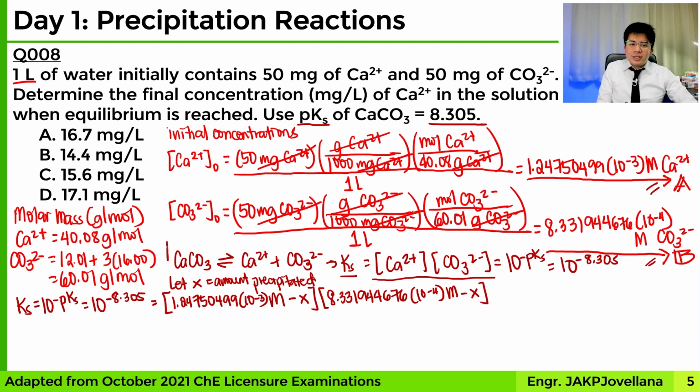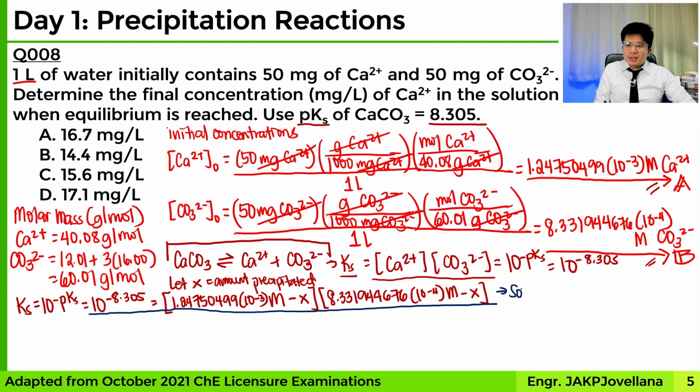Based on this precipitation reaction, the amount that precipitates in terms of Ca2+ is equal to that in CO3 2-. So they are in a 1-to-1 ratio. So from this equation, we can now calculate X, which is the amount of calcium carbonate in terms of moles that will precipitate. In this unit, we can solve for X, and take note that this form is a quadratic equation.